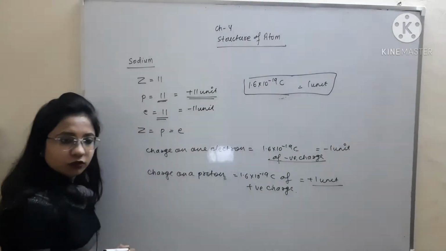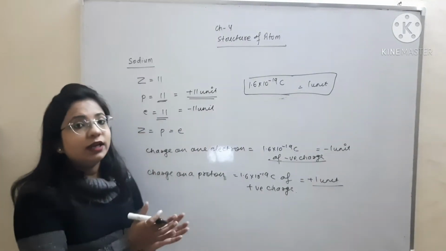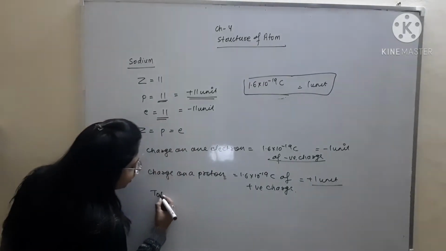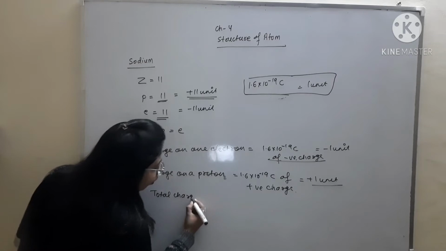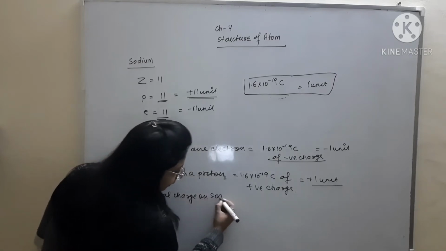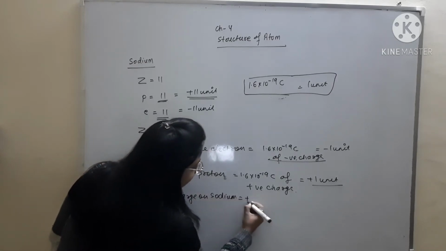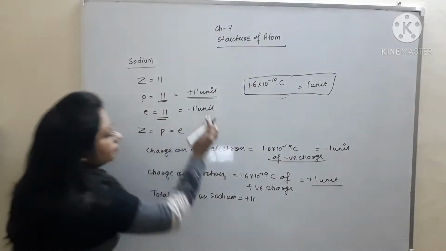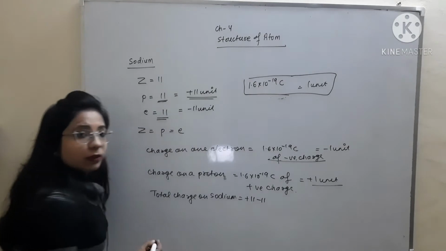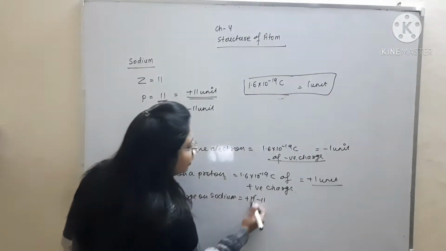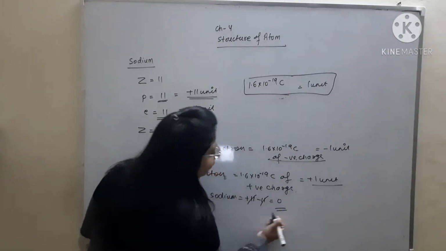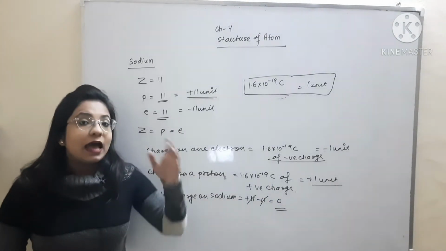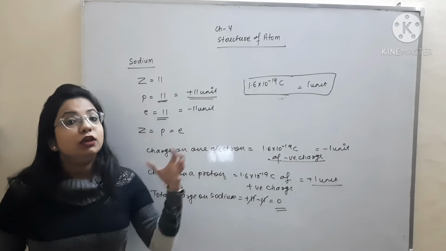So if I calculate the total charge present on an atom, the total charge present on sodium, that will be plus 11 units because of 11 protons and minus 11 units because of 11 electrons, which will cancel out each other, making the net charge 0, due to which we say that an atom is electrically neutral.